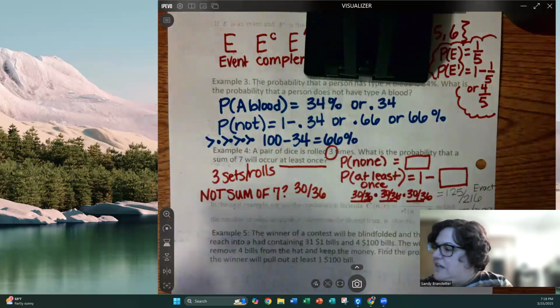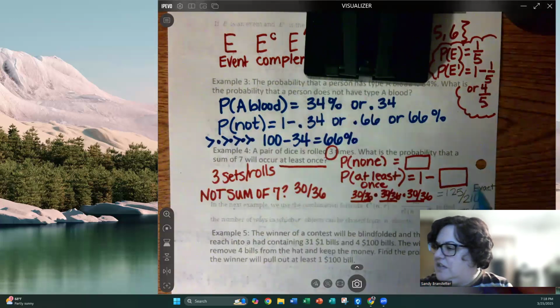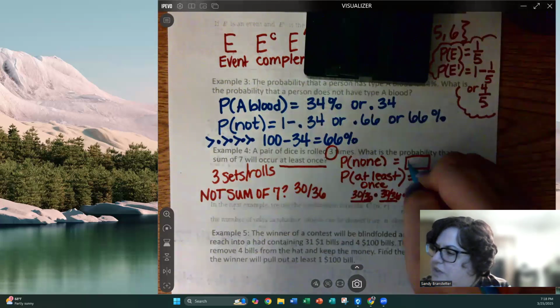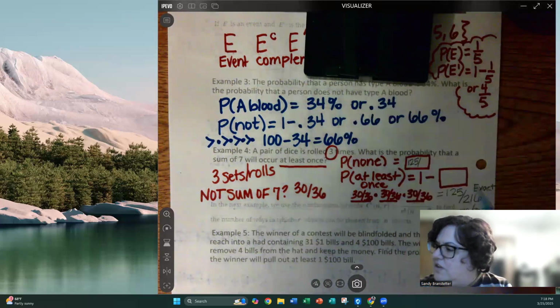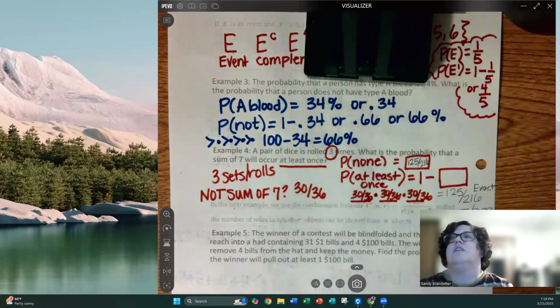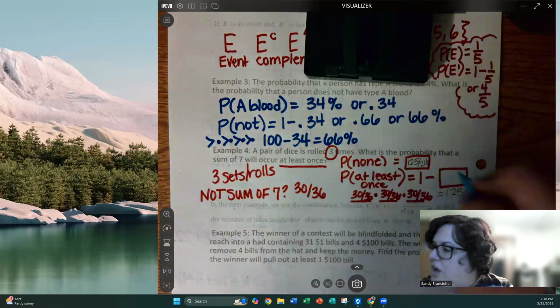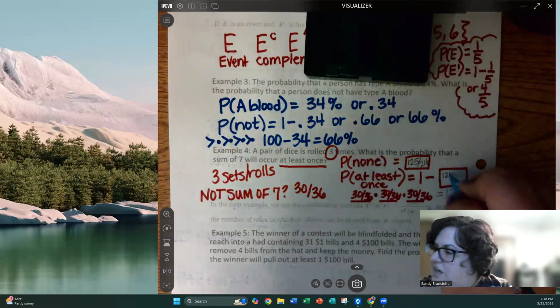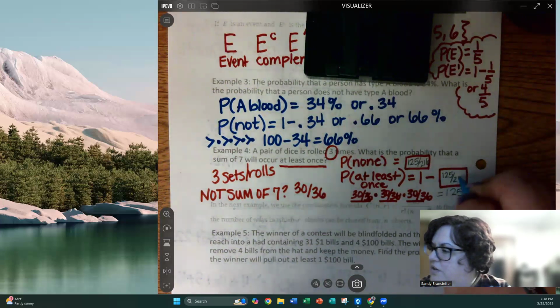So that is my none answer, 125 out of 216. So I want to subtract that from the number 1.